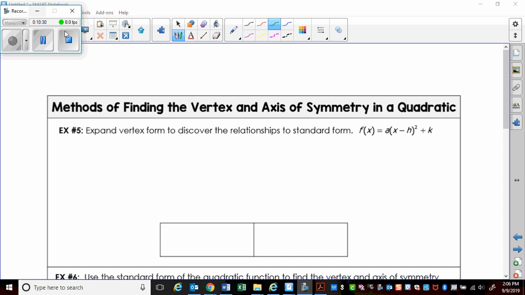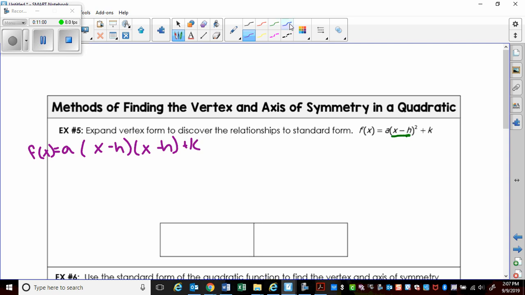So I'm going to kind of derive this for you real quick. It says expand vertex form to discover the relationships to the standard form. So this is my vertex form, and they just want us to expand it. So when we're squaring a binomial, there's 2 terms in here, x and negative h. We have to actually multiply them by each other. So it's going to be f of x equals parentheses x minus h times x minus h, and then plus the k.